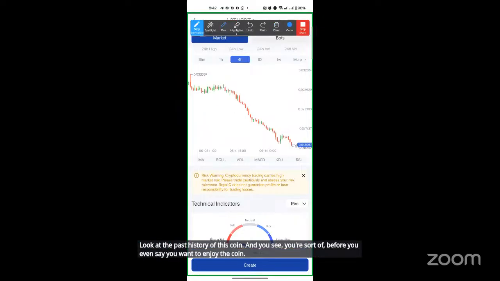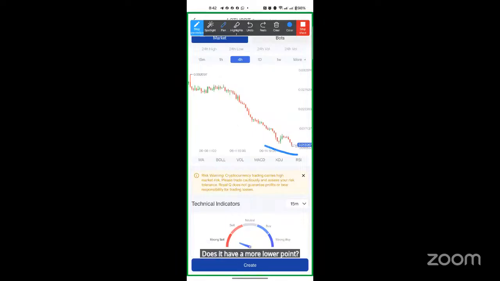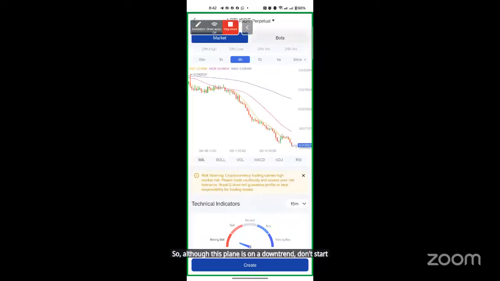Does it have a more lower point? Does it have a more lower point to continue? The answer is no. So although this coin is on a downtrend, don't start salivating because there are higher chances of this coin recovering. Do you copy?